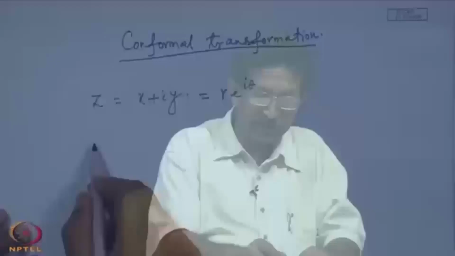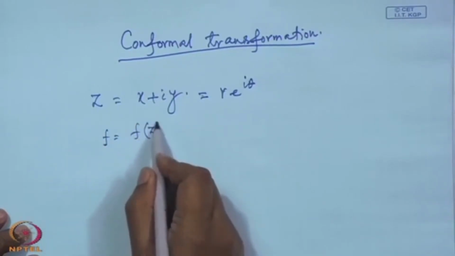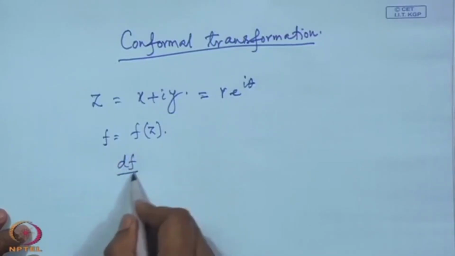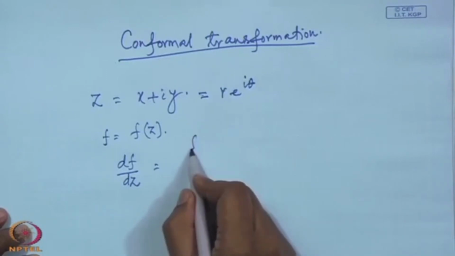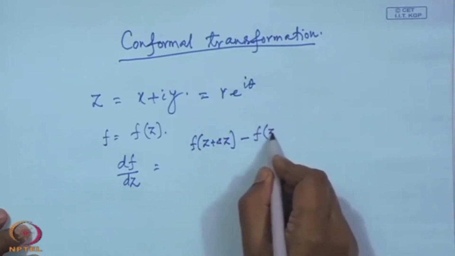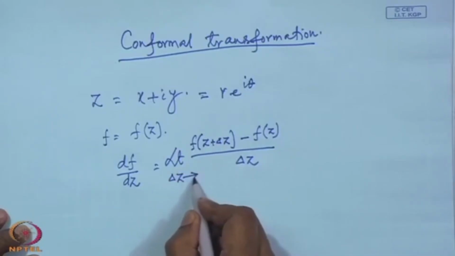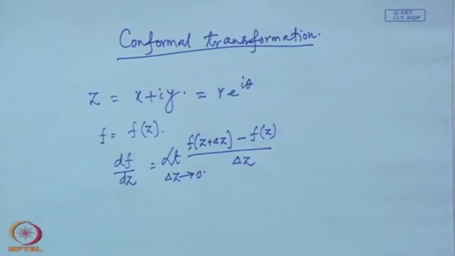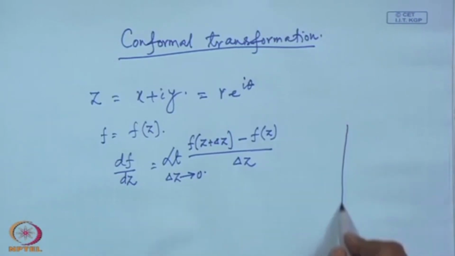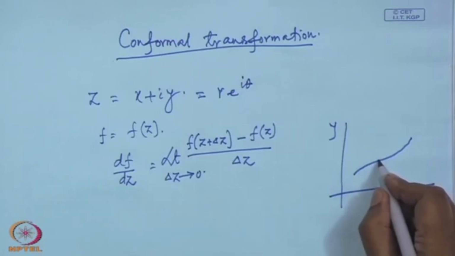About the differentiation, let us say we have a function f of z, and this, by definition, as you know, and since this increment delta z, if we look at a function represented in the x y plane, let us say this is that function, then this delta z, the increment, can follow any path.